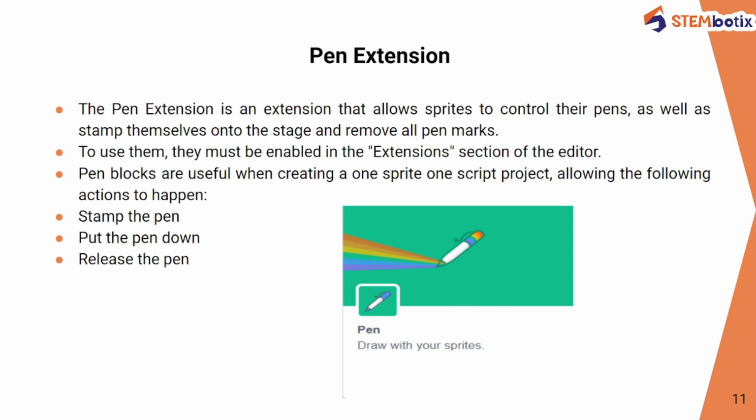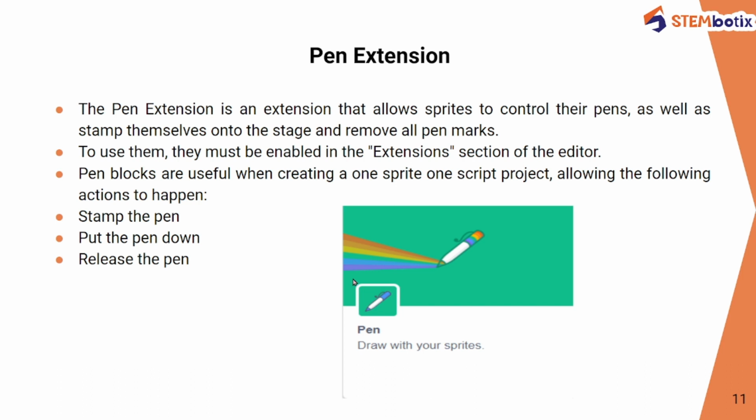Means they are very useful when you are using a single sprite, allowing the following actions to happen. Means when you enable your pen extension, it will allow you to do the following things. First one is stamp, second one is put the pen down, and third is release the pen. These are the things which you can control.